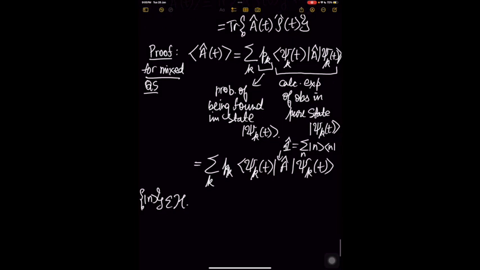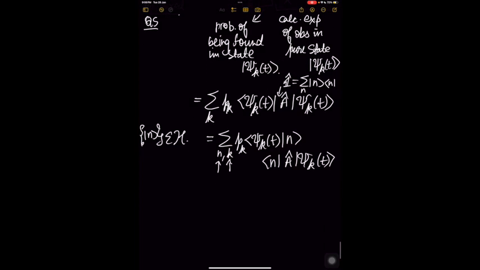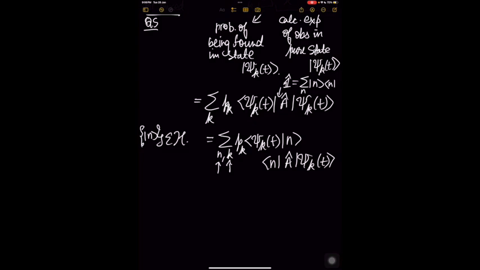So what you get is the sum over n and k, where the k indices are for the quantum systems, and n is just a basis which I have introduced. So p_k, bra psi k t, ket n, bra n, A hat, ket psi k t. Here I have pulled the summation over all n outside, which is quite obvious by now. So I just did that implicitly without mentioning it.